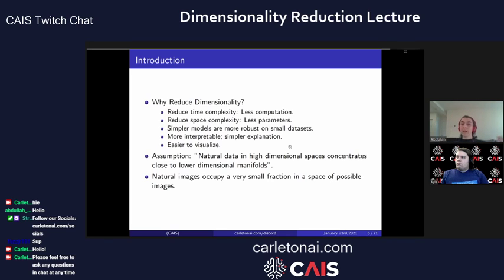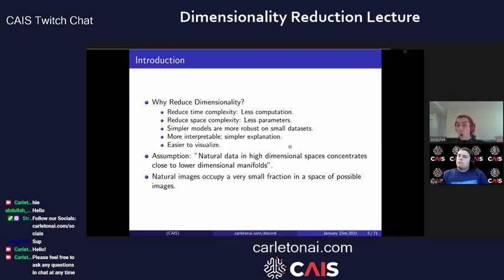So, but before we reduce the dimensionality of the data, we have to talk about our main assumption. Our assumption is that natural data in very high dimensional space actually concentrates close to a lower dimensional manifold. And the best way to explain that is to think of natural images, right? So think of any image that's 100 by 100 pixels, and each pixel takes 256 different values.